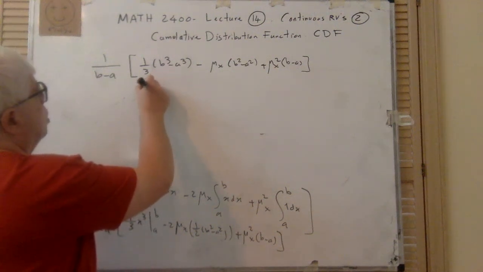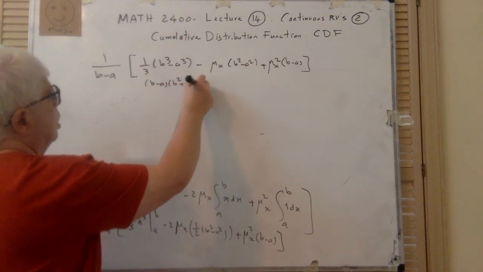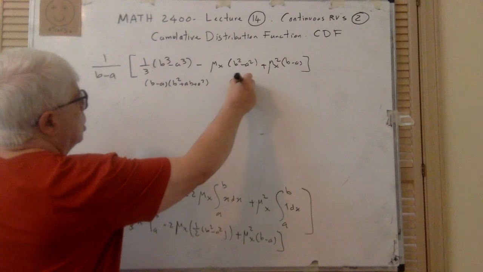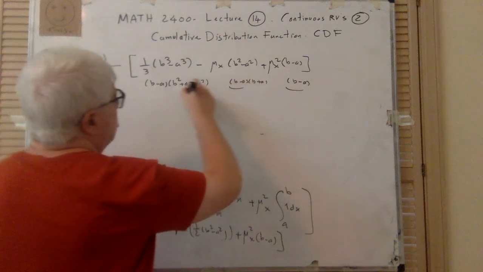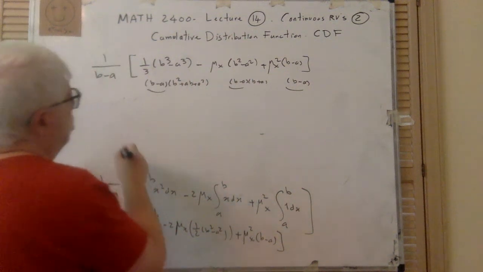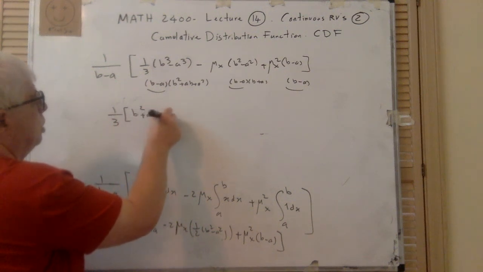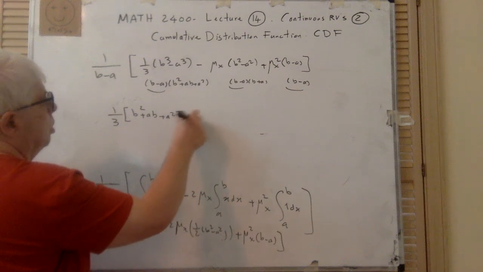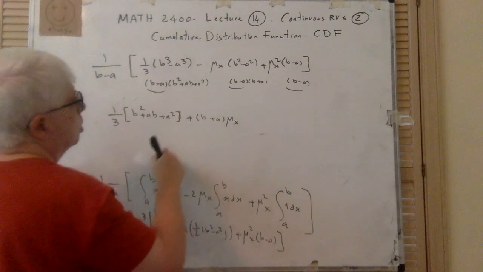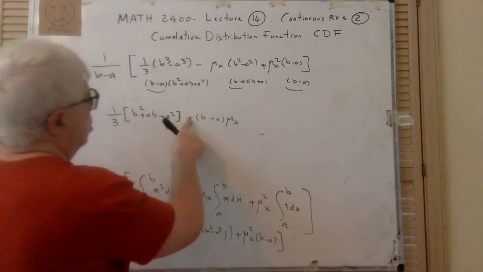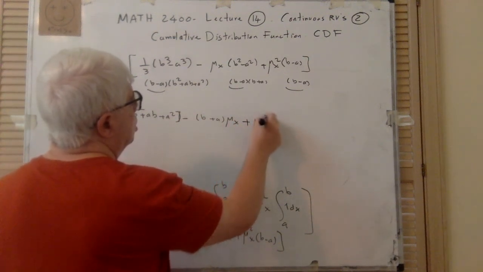So this one is (b minus a) times (b squared plus ab plus a squared). This one is (b minus a) times (b plus a), and there's also a b minus a here. So the b minus a factors cancel out, and I get 1/3 times (b squared plus ab plus a squared) minus (b plus a) times mu x, plus mu x squared.